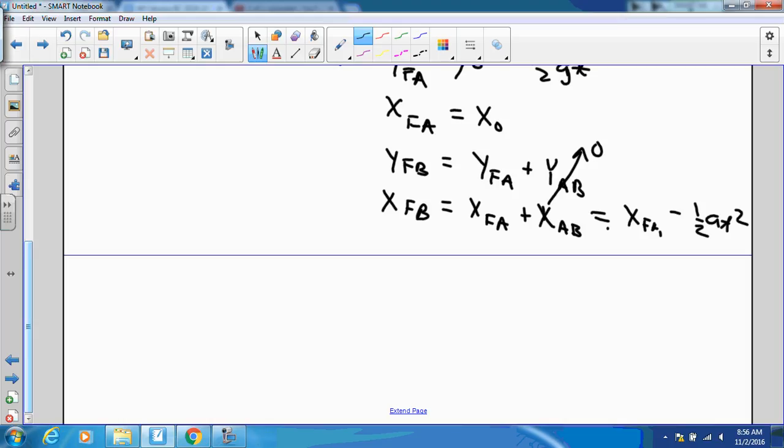Because if I do a free body diagram in the inertial frame, then what I see is that there is only one force acting on the frog, which is mg.